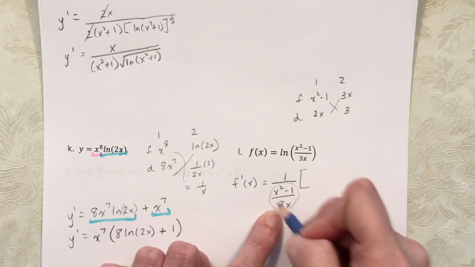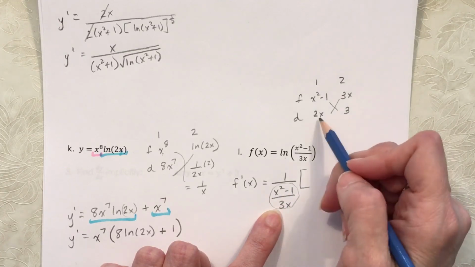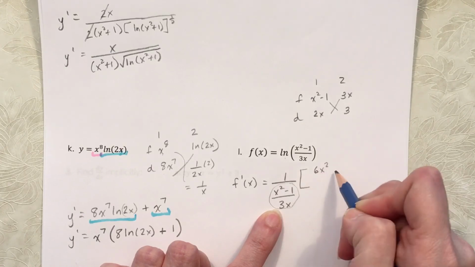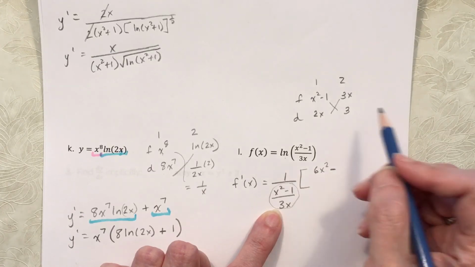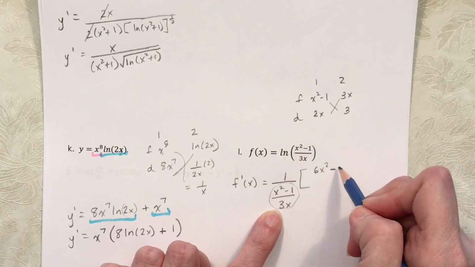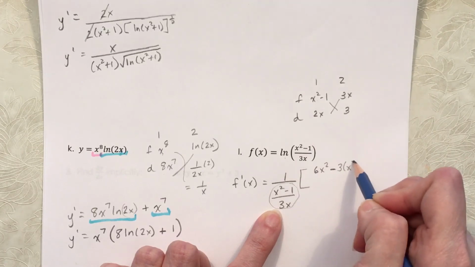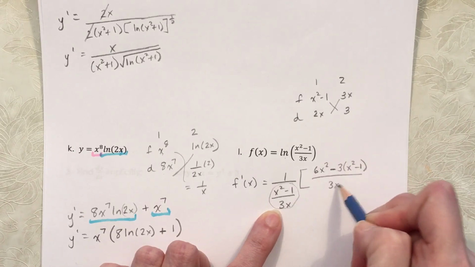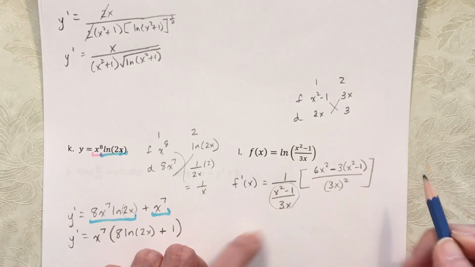So the derivative of x squared minus 1 over 3x is going to be derivative of the first times the second, so 6x squared, minus the first times the derivative of the second, all over the second squared.